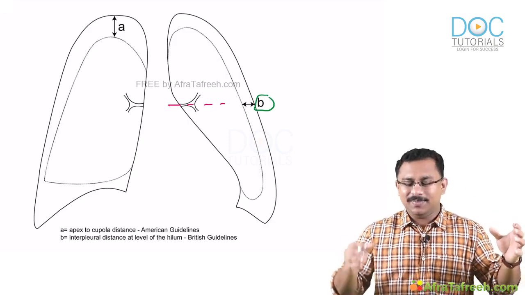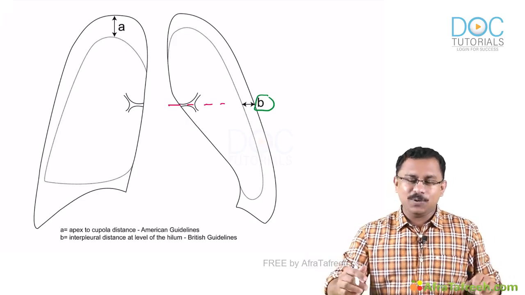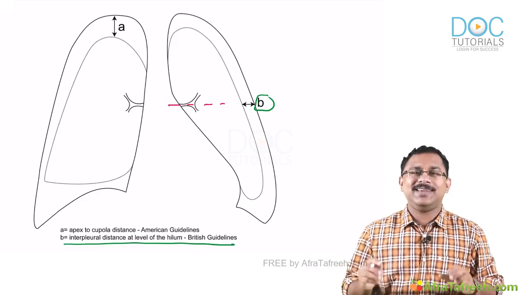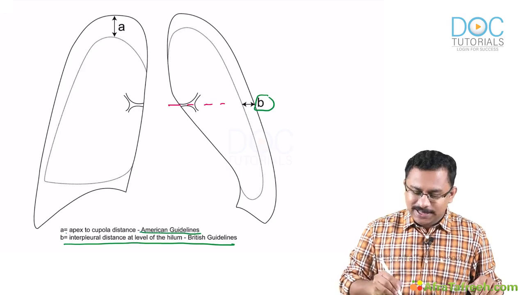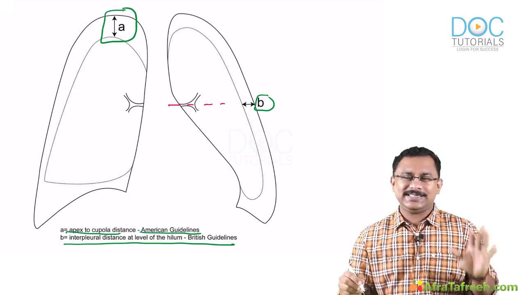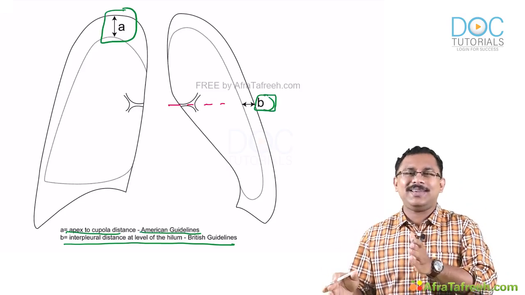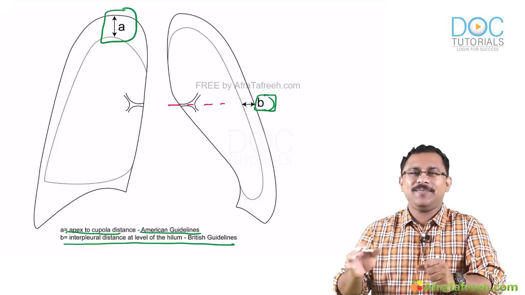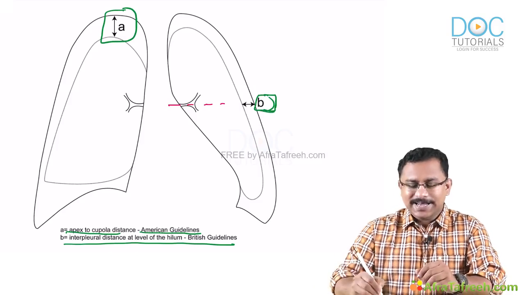That is the distance as per the British guidelines. You also have American guidelines, where the apex to cupola distance, that is your A, is taken as the size. But for practical purposes, we are more relying on the BTS guidelines. So B is the thickness or size of the pneumothorax that has developed.